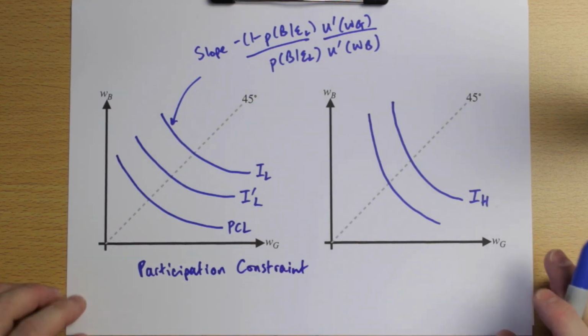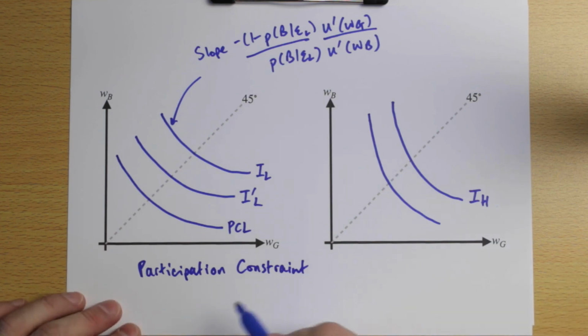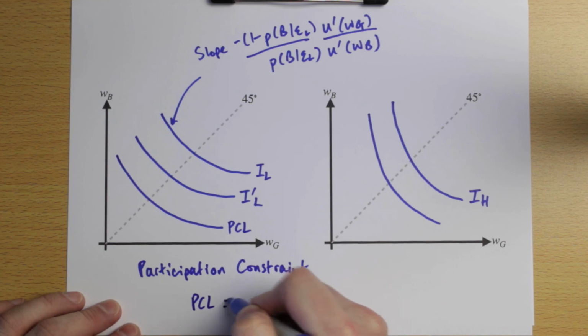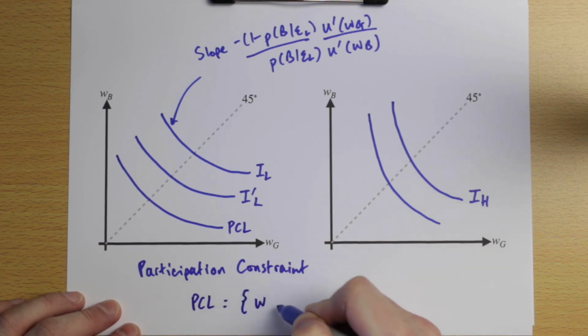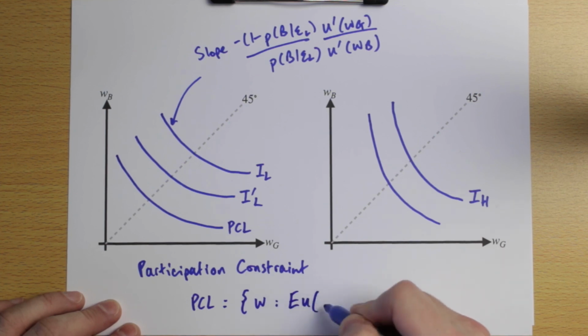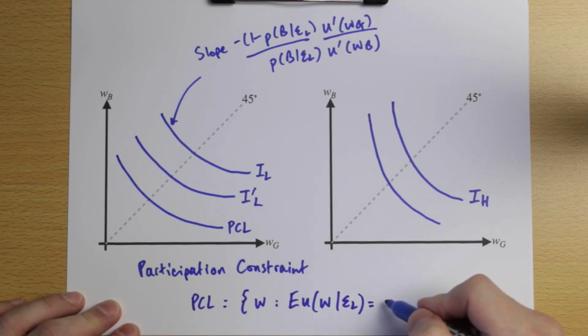Okay, so what does PCL mean? Well, the curve that I've labeled PCL is all of the contracts W with the property that the expected utility of those contracts W conditional on low effort is equal to reservation utility, which we denoted U with this underlined part.